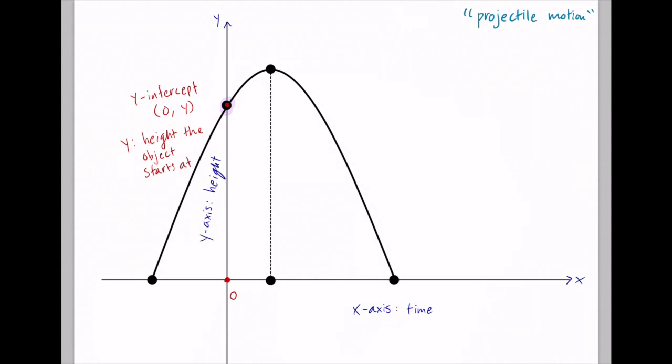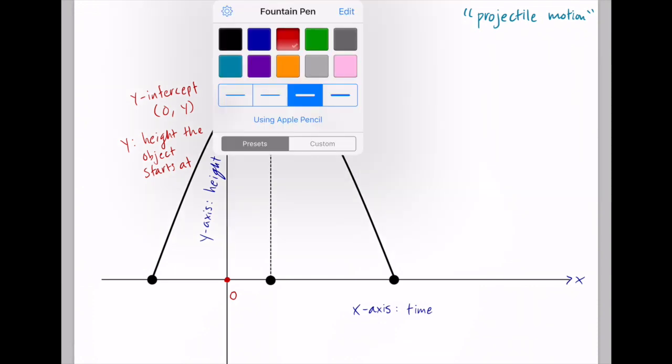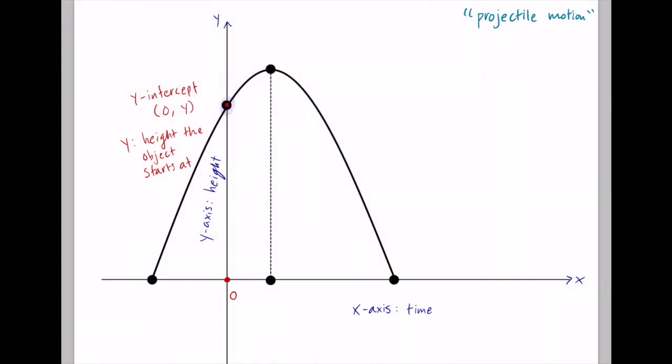If the object is being thrown up into the air, eventually it does have to land somewhere. So naturally, we might say that the object follows this path and then lands on the ground here at this point. So at this point, we're going to call this the positive 0.